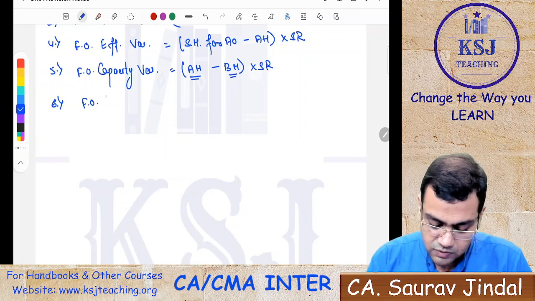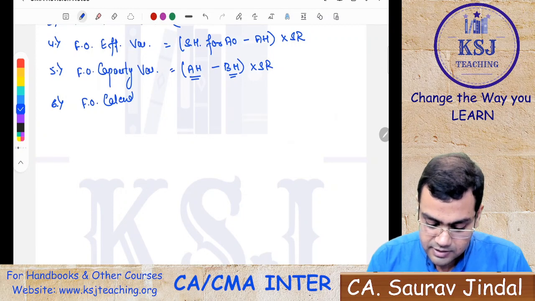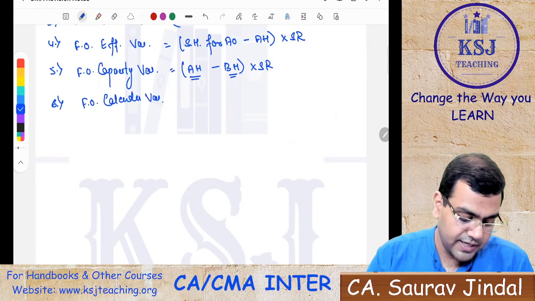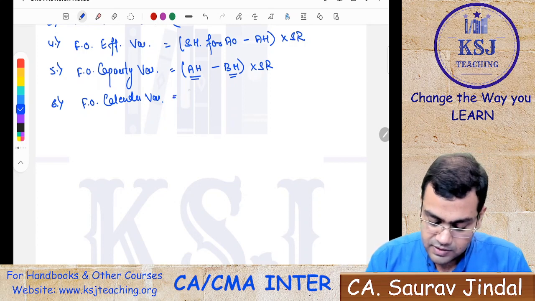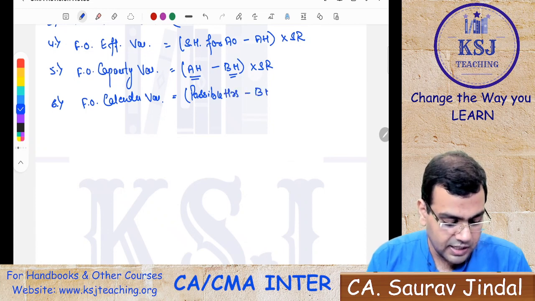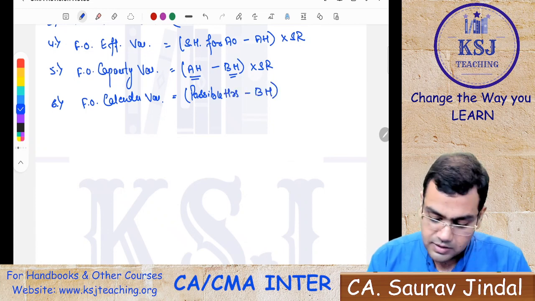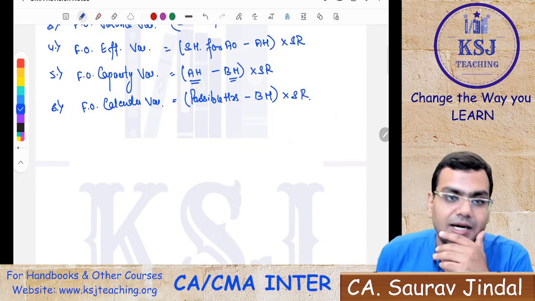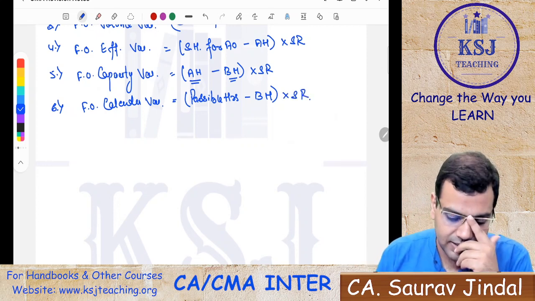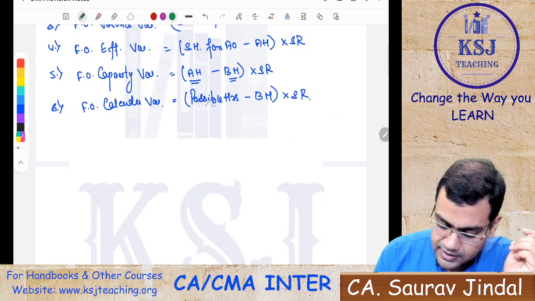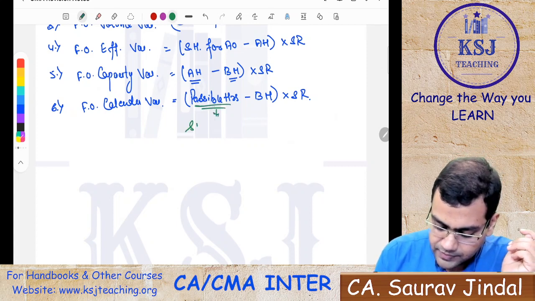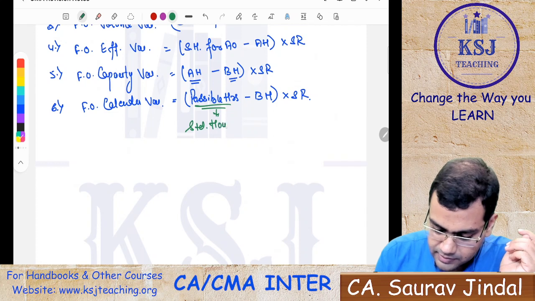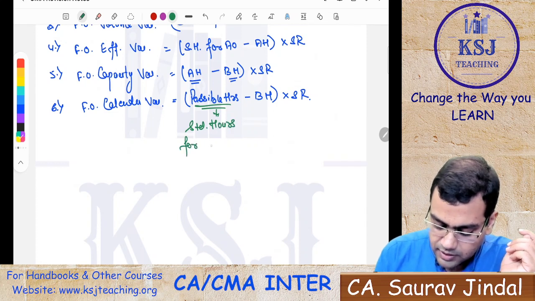That is the fixed overhead calendar variance, possible hours minus budgeted hours into standard rate. Now, what are these possible hours? The possible hours are the standard hours for the actual number of days.